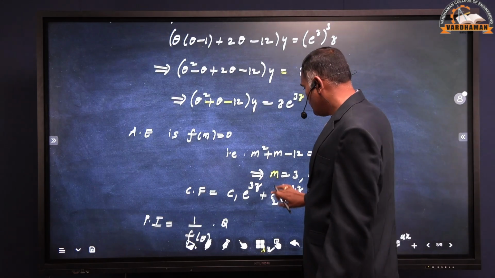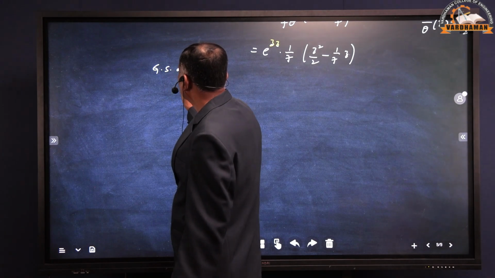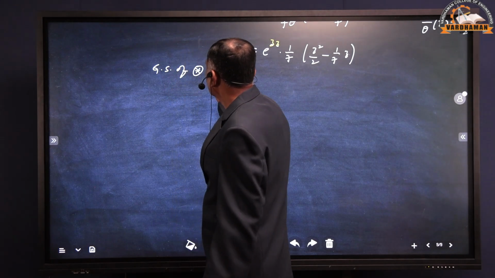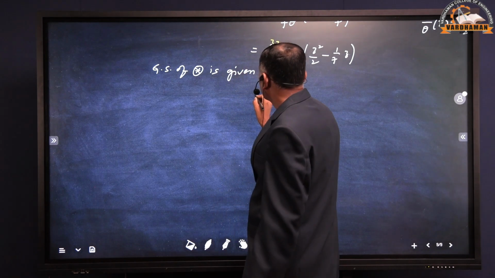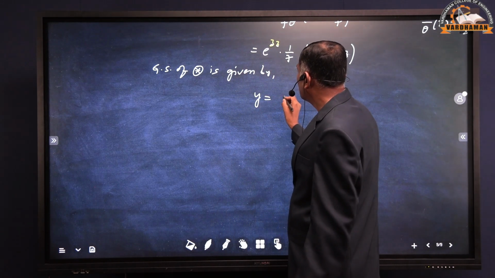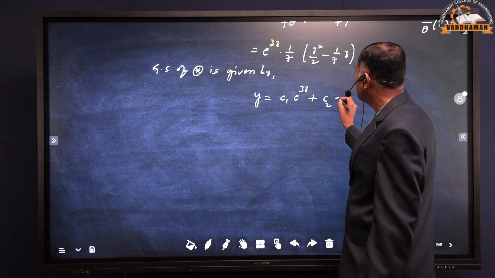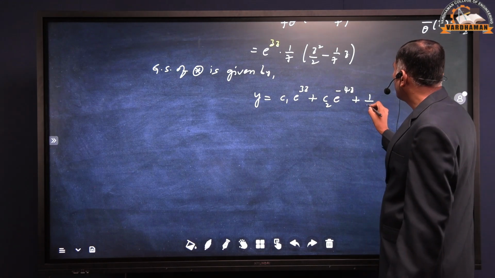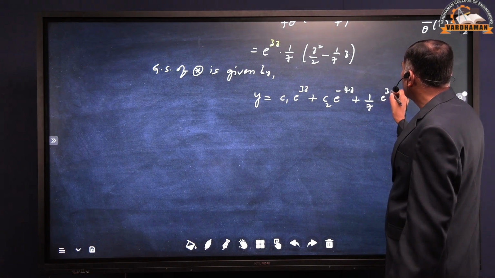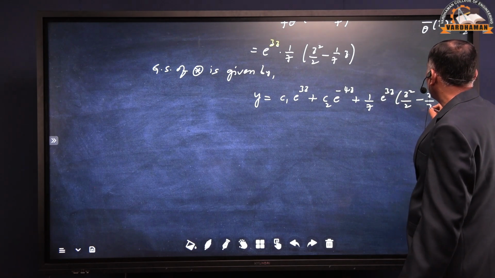Now let us write that. The general solution of star is given by the complementary function, that is c1 e power 3z plus c2 e power minus 4z, plus PI. PI is 1 by 7 times e power 3z into z square by 2 minus z by 7.